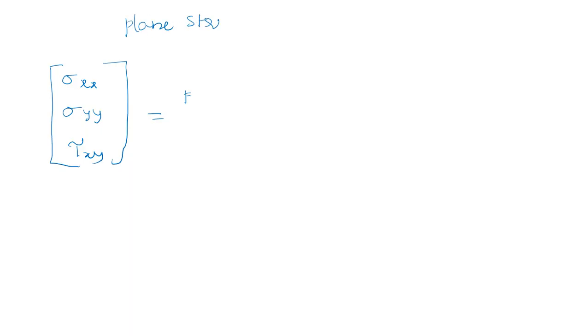Now we'll go on to the next slide. The stress in x direction, the stress in y direction, and the shear stress in xy direction. The stress matrix is equal to the D matrix. Here we are using the plane stress case. There are two conditions in two dimensions, plane stress and plane strain; I am just using the plane stress condition.